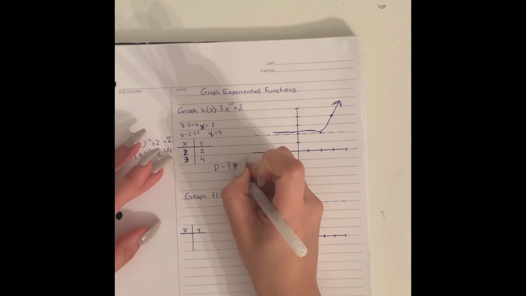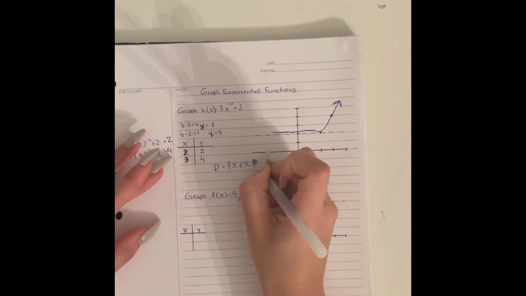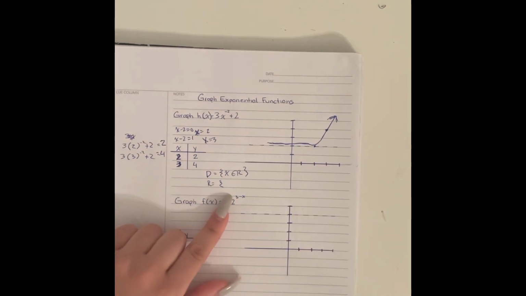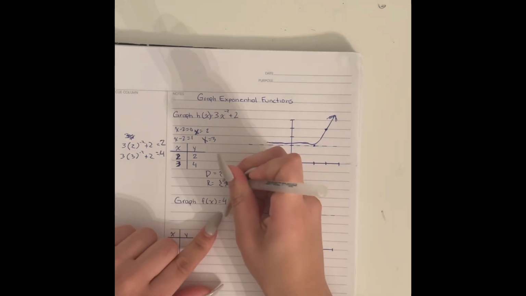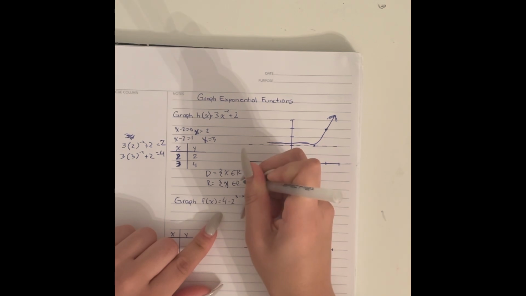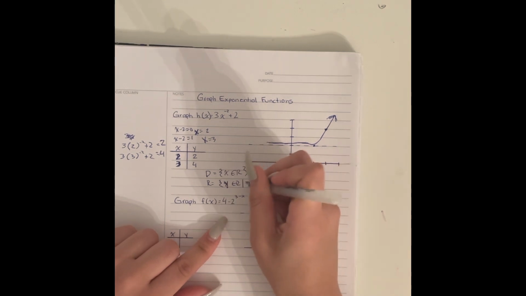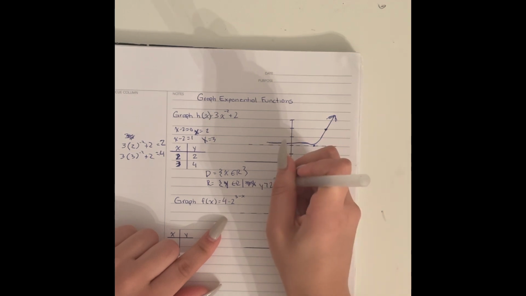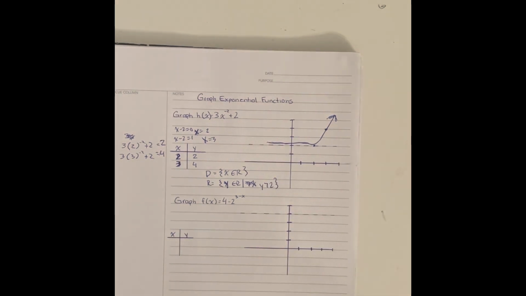So the domain is going to be every real number, and for our range, it's going to be y's value of every real number such that y is greater than our horizontal asymptote, which is 2. Okay, so that's going to be our domain and range.